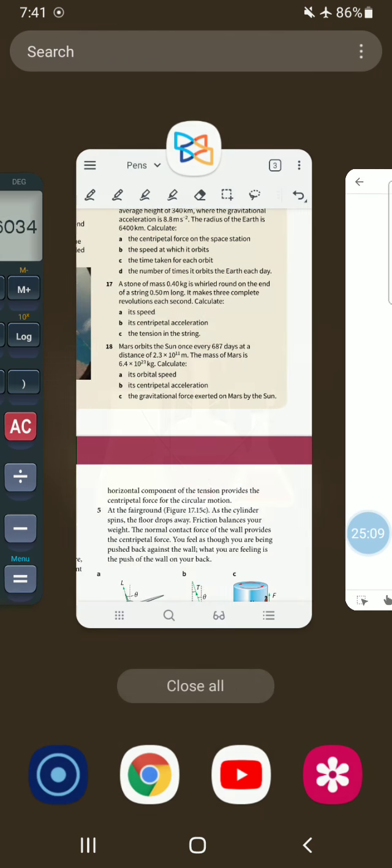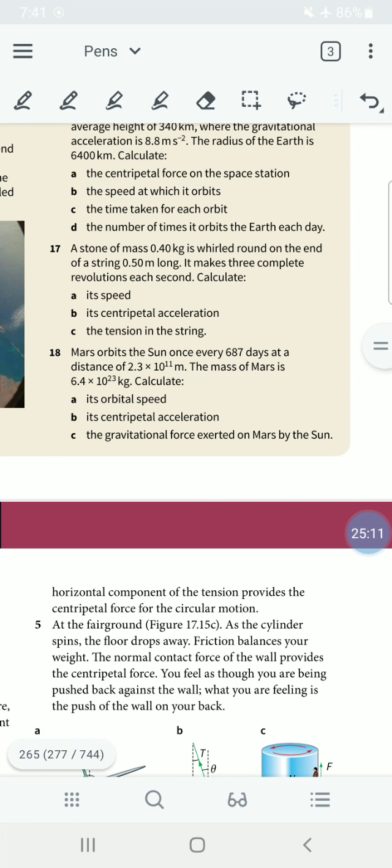Right. Then the next part, they are asking for the centripetal acceleration. Once again, what are the details?